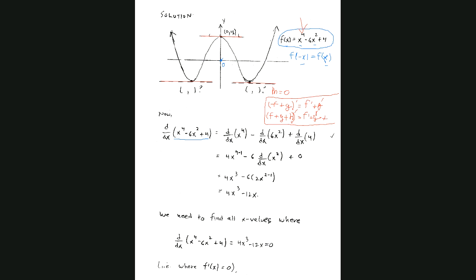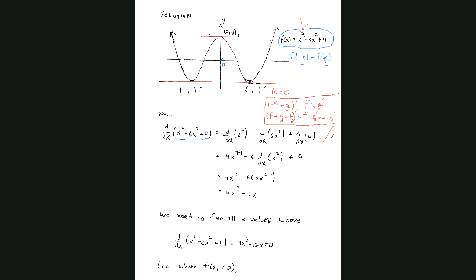I mean, do you think it would make sense that we could extend that rule? Absolutely. And that's what we did here on this step. We have the derivative of a sum. Well, there's a minus there too, but the minus also works.